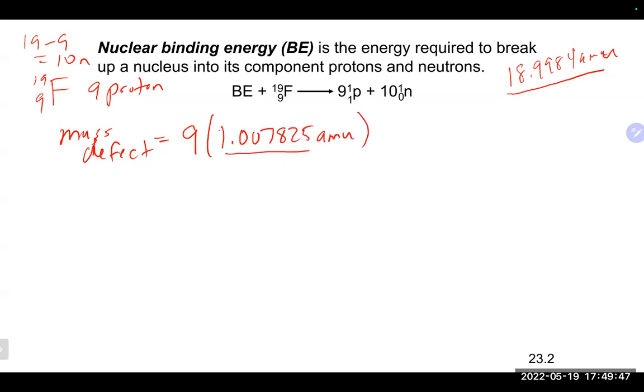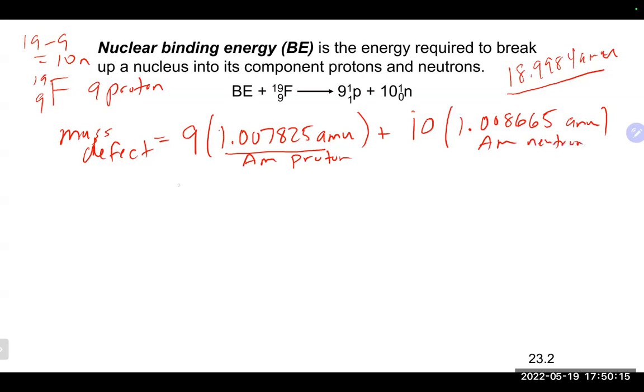We would then add the number of neutrons, which is 10, times the atomic mass of a neutron, 1.008665 AMU. These are the components that make up the nucleus. We would then subtract the atomic mass of this particular isotope, which is 18.9984 AMU.